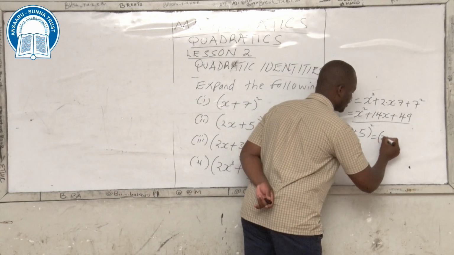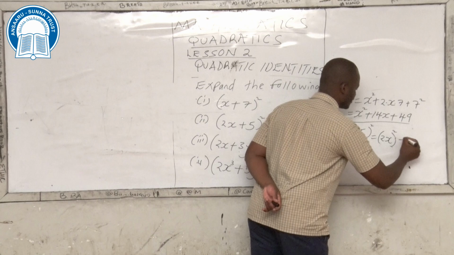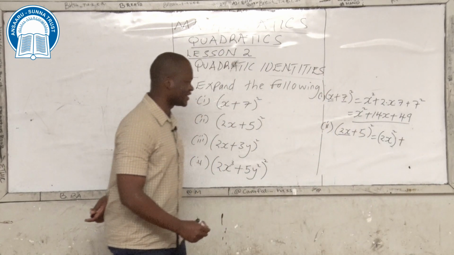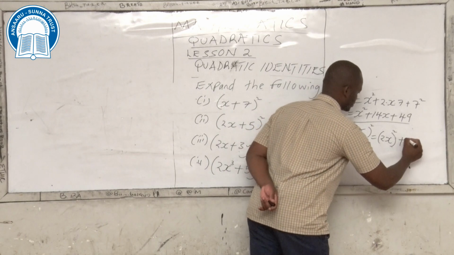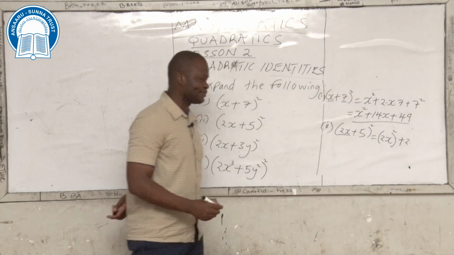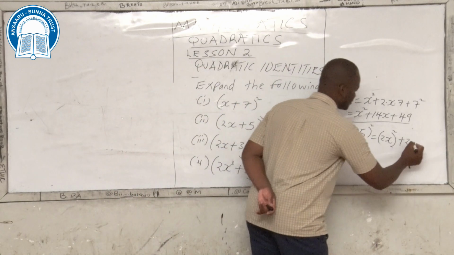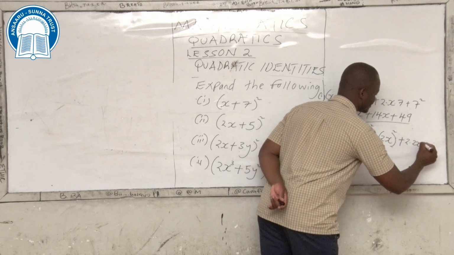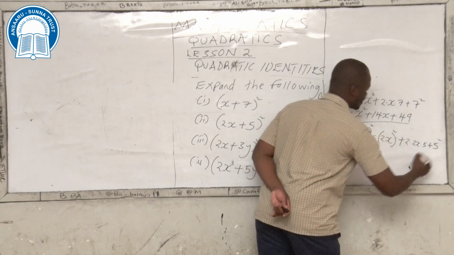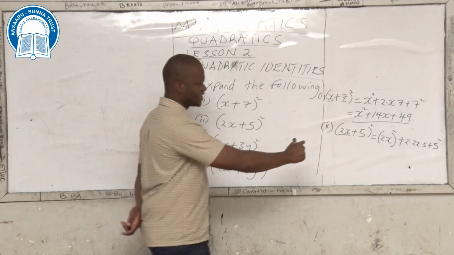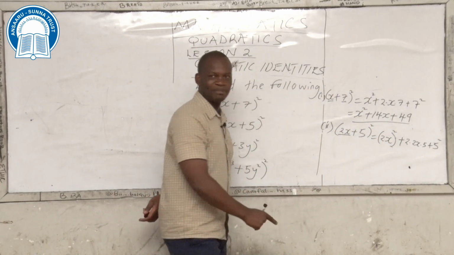So we square the 2x, plus 2, which is a constant, times 2x times 5, plus the square of the second term in this bracket.